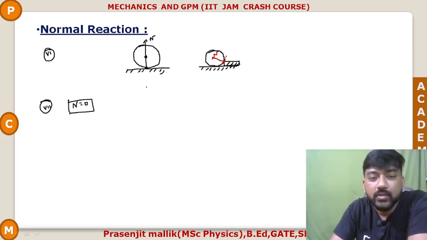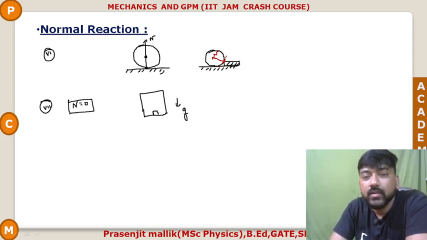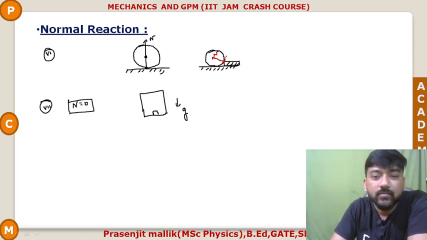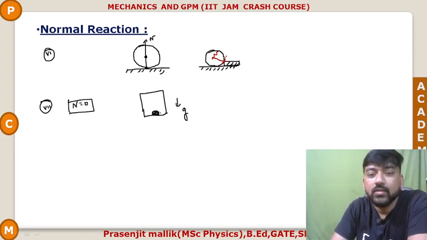Okay, so when the lift is moving, suppose in the downward direction with acceleration g, then you know there will be no normal reaction on this object. We will see this later on also, and I think this is your 10+2 level syllabus. So if the lift is moving downward with acceleration g, then the normal reaction is 0, that means the object will lose its contact with the lift.